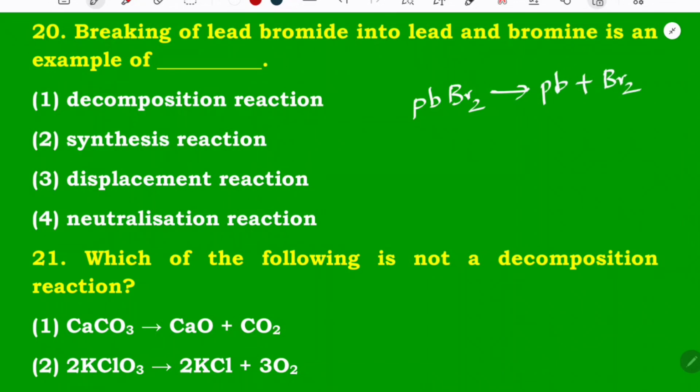So according to the question, breaking of lead bromide into lead and bromine is an example of a single reactant being converted to two or more products. In the presence of heat it takes place. That's why this is called a decomposition reaction.